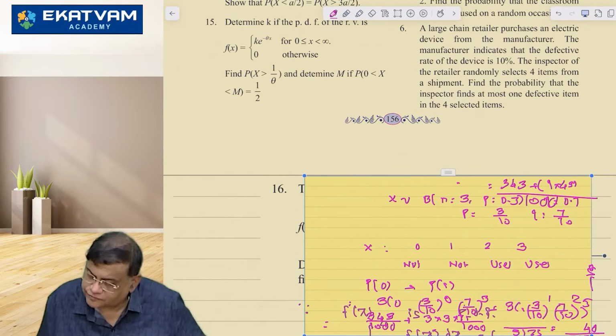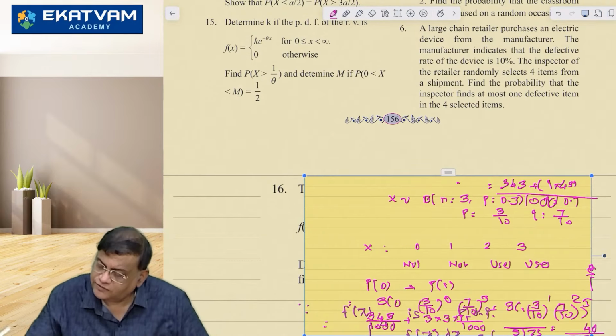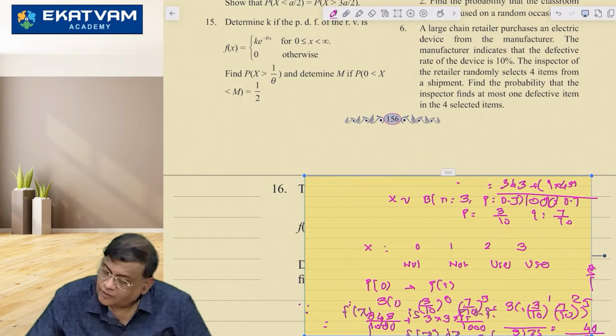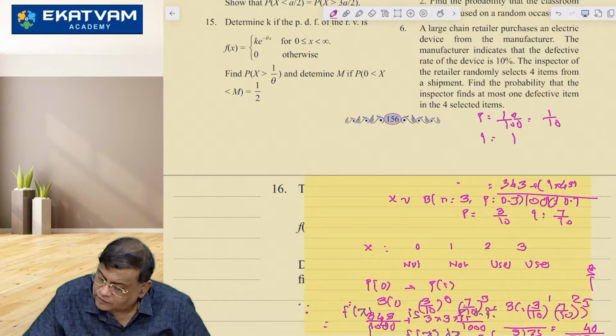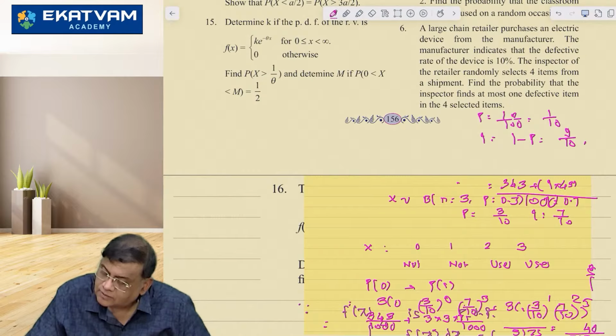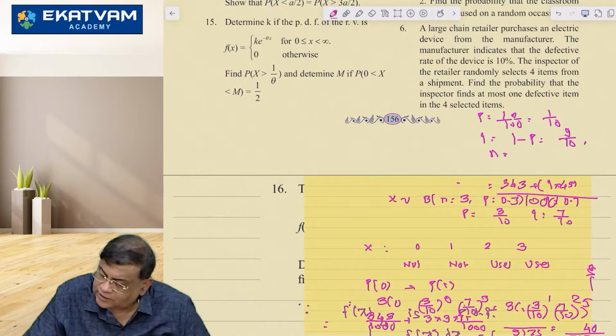Do this sixth one. 10% is defective, so P will be equal to 10%, that means 1 by 10. Q is 1 minus P, which will be 9 by 10. How many items have you taken? 4, so N is 4.